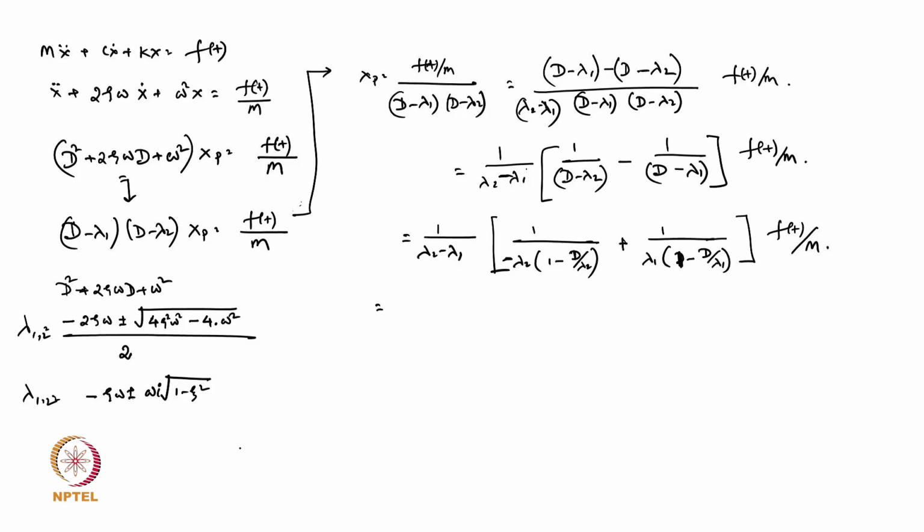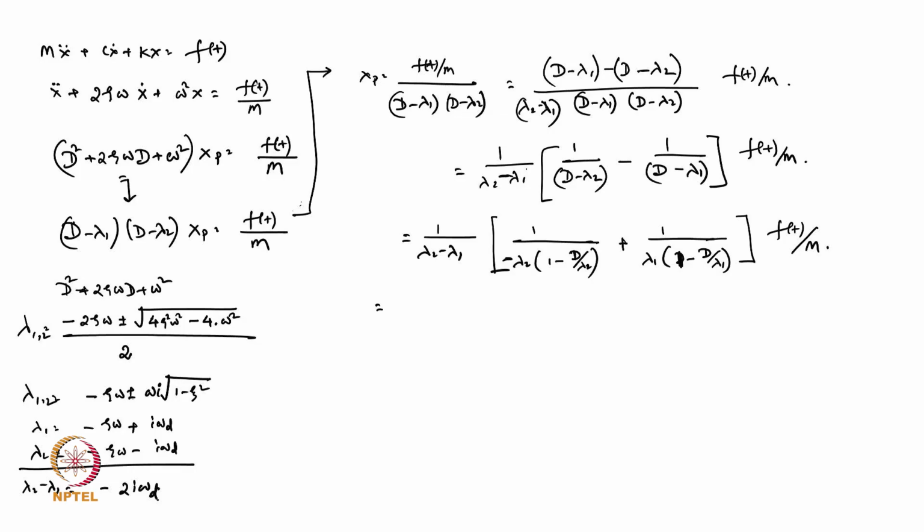Now if I try to see lambda 2 minus lambda 1, lambda 1 was xi omega plus I omega d, and lambda 2 will be equal to xi omega minus I omega d. So lambda 2 minus lambda 1 will be minus 2 I omega d.